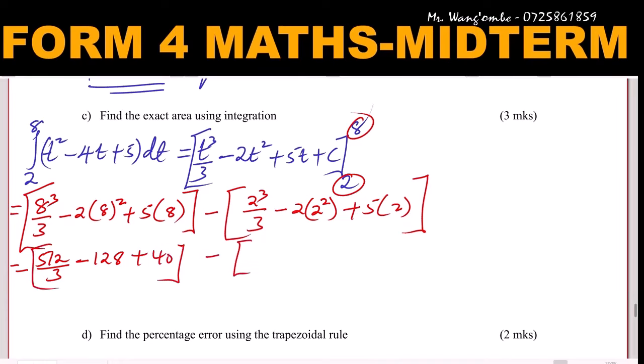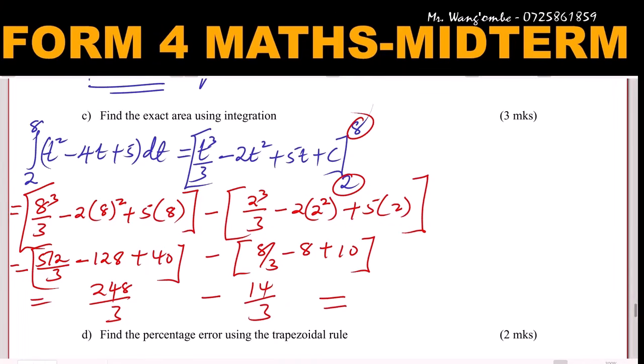Subtract this, which will be 8 over 3 minus 8 plus 10. So working out 512 divided by 3 minus 128 plus 40, that will give 248 divided by 3. Then 8 over 3 minus 8 plus 10 will give 14 over 3. So when you subtract these using a calculator, you get 78 square units. That is the exact area by integration.